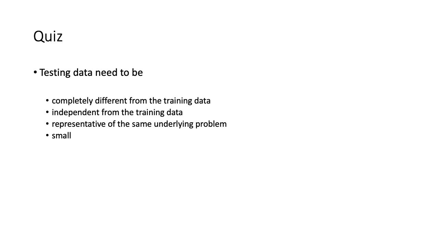Okay, so do we want the testing data to be small? No, we said we want as much data to test the model on as possible, because this will give us a good estimation of how the model will perform in real life. Do we want it to be completely different from the training data? No. We said that we have to somehow keep the same statistical distribution for both the training and the testing data.